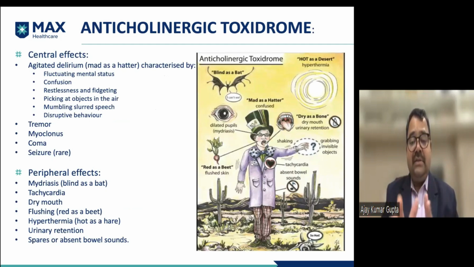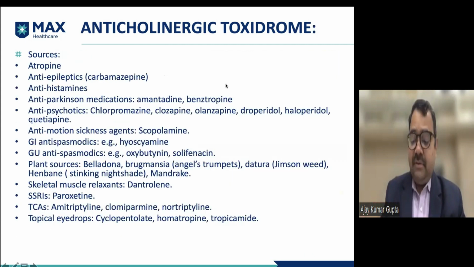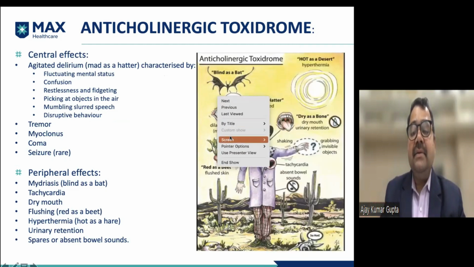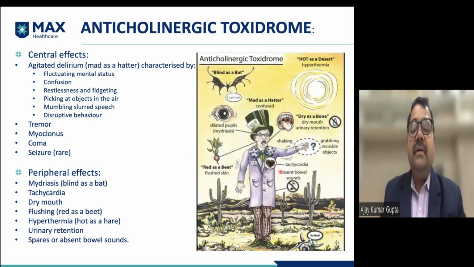If you can see this diagram, this is the blind as a bat.